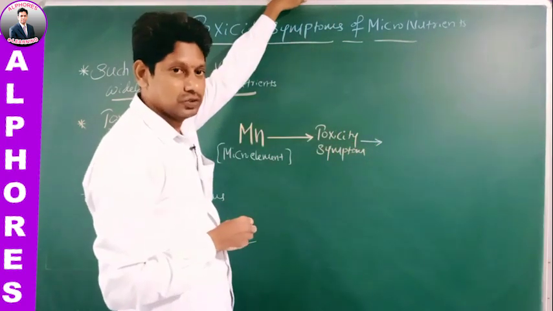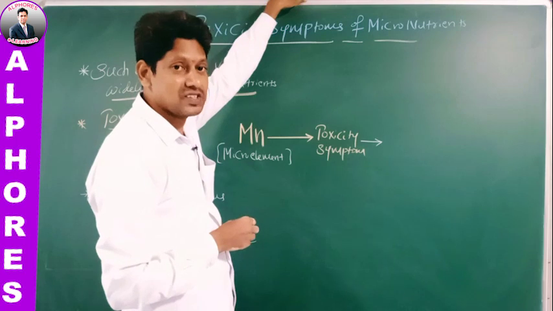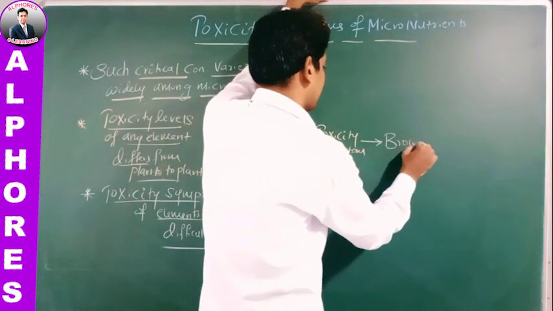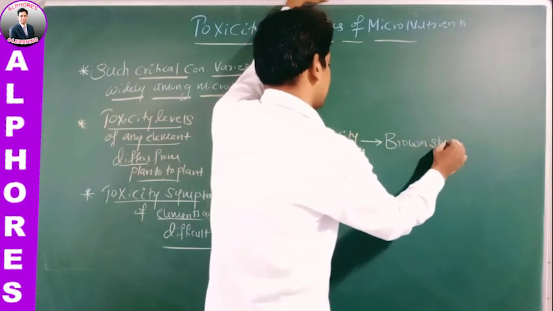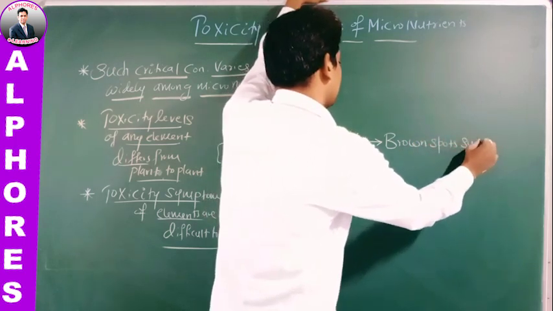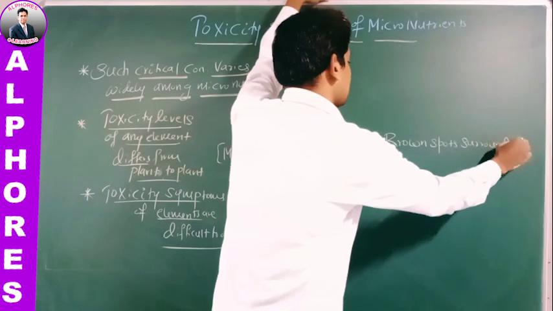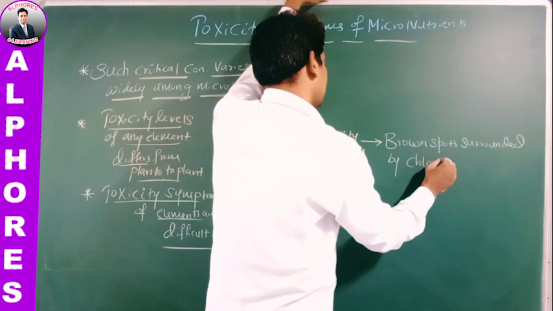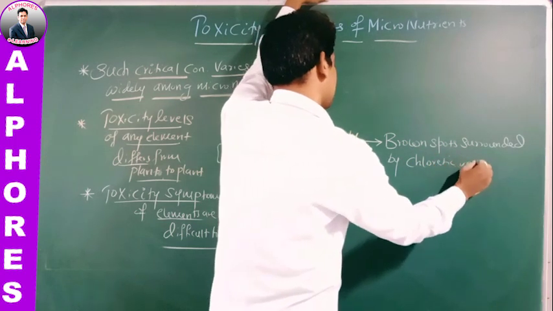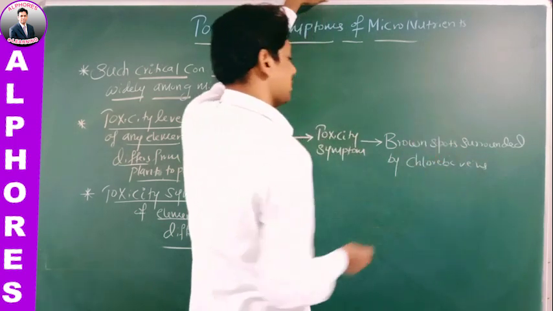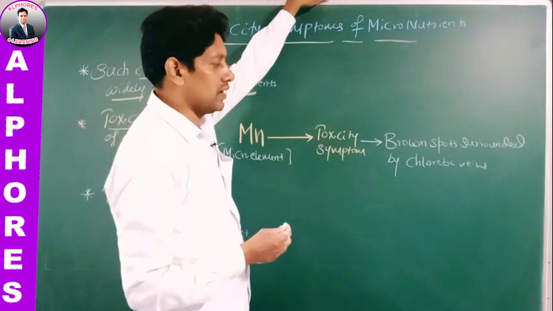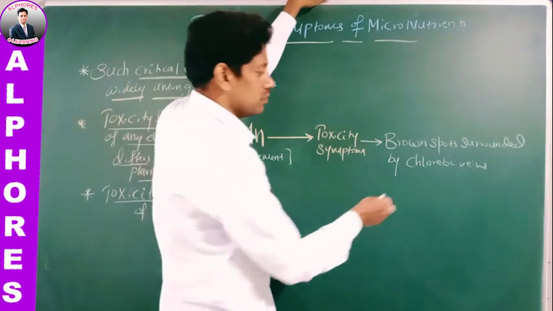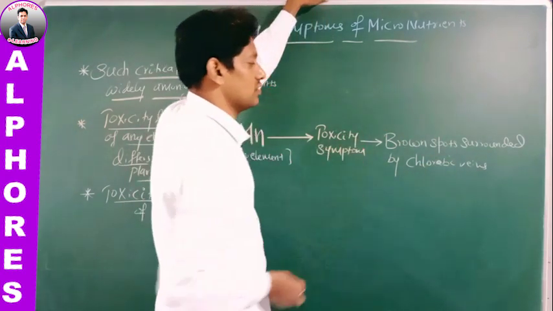What is the symptom shown by the plant, sir? Brown spots surrounded by chlorotic veins.